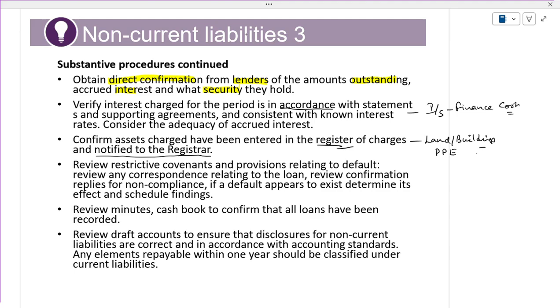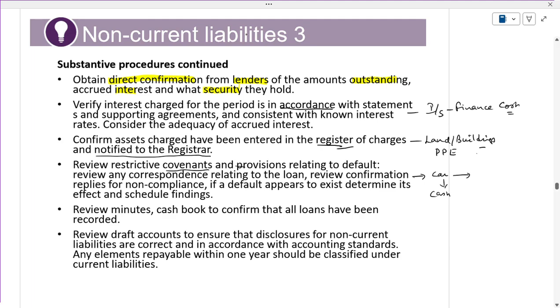Review any restrictive conditions and provisions. Are any restrictions or conditions there? Simple, take the example of a car. If you are purchasing a car for cash, the registration will be in your name.